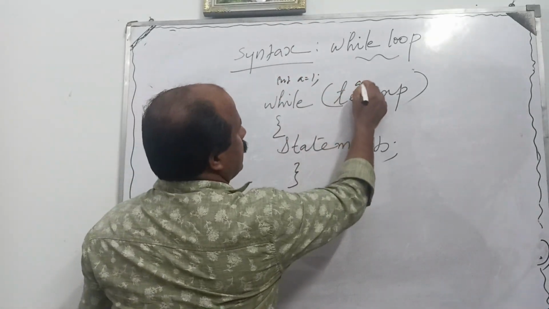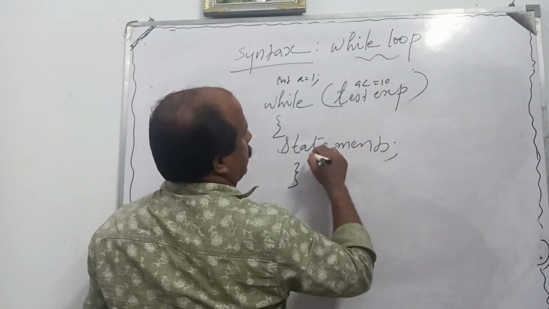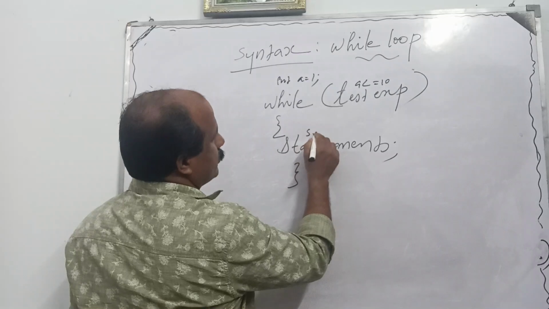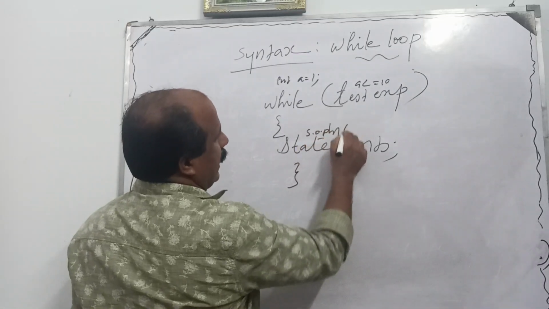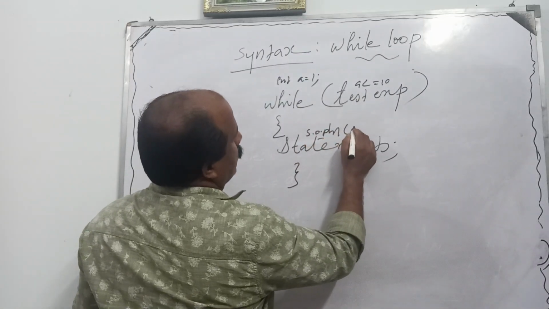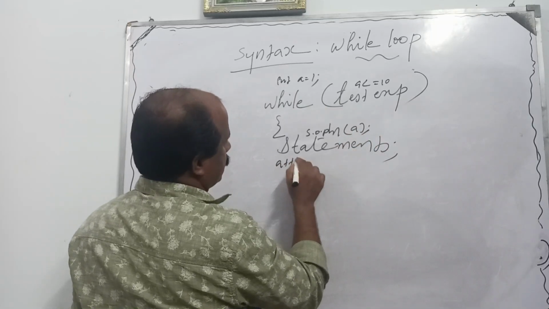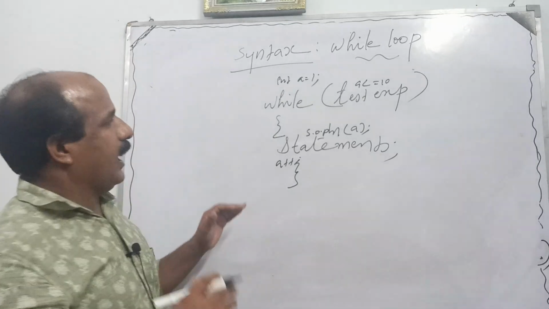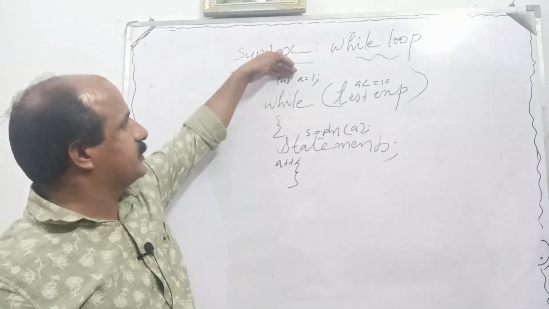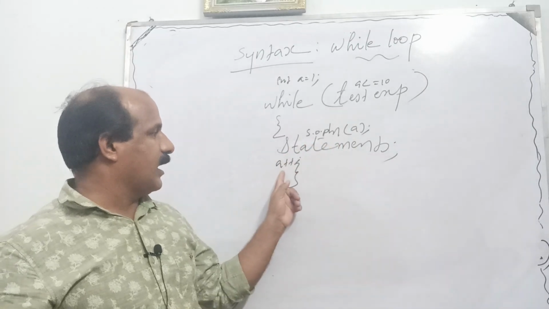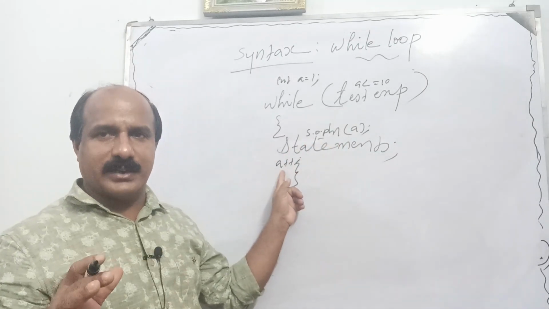Now here I am writing a less than or equal to 10 condition. In place of the statement I am writing System.out.println(a). Now here a plus plus. See, everything I have written: initialization, condition, the statements, updation. Things are ready now.